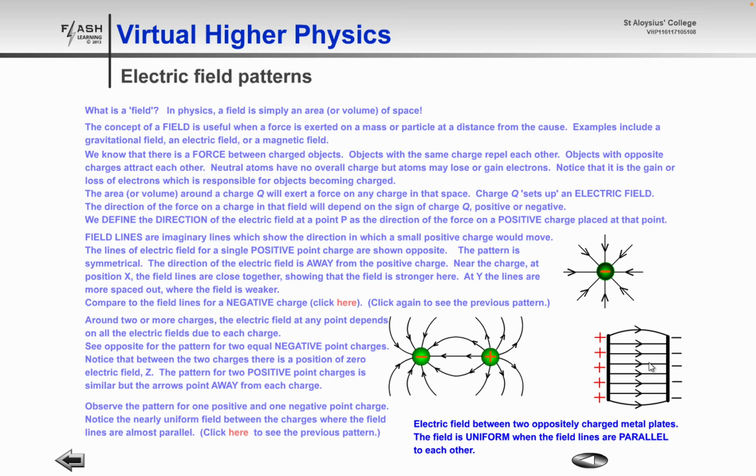Within the plates themselves, you get these parallel lines, and they're all equally spaced. Remember, I talked about the spacing of the field lines giving you an indication of the strength. What that means is that the strength of the field is uniform throughout. So you'd have the same force there as you would there and so on. You do get some edge effects, so you get some curving around the edges, but usually we're interested in what's going on within the deep part of the field.